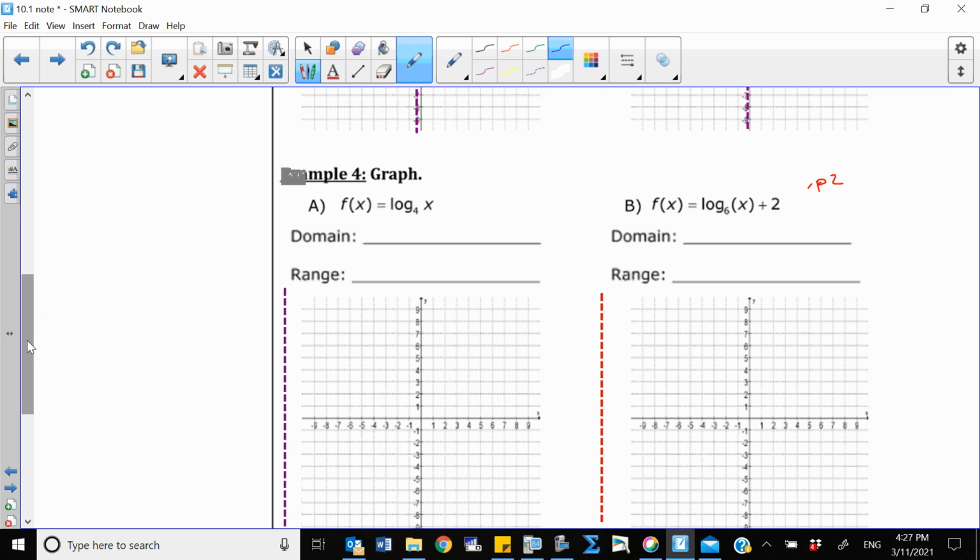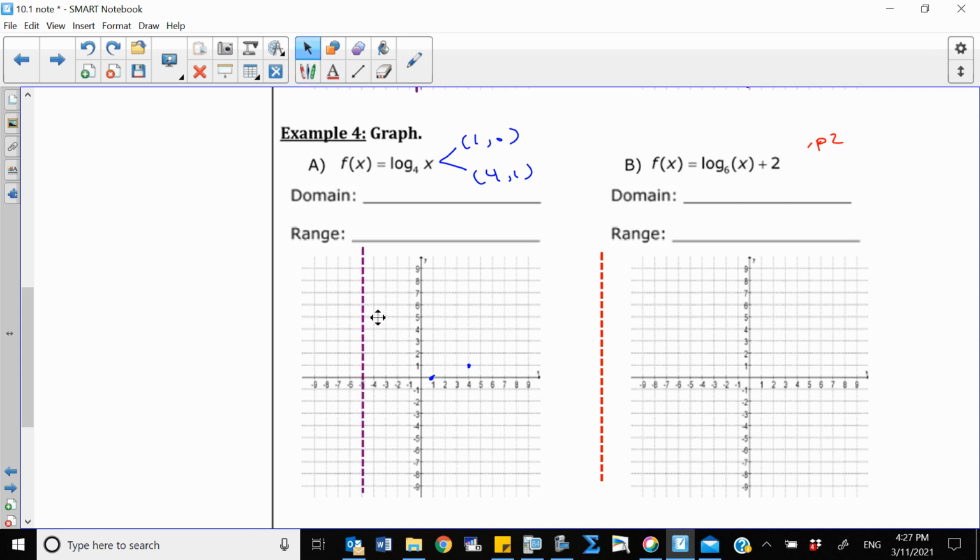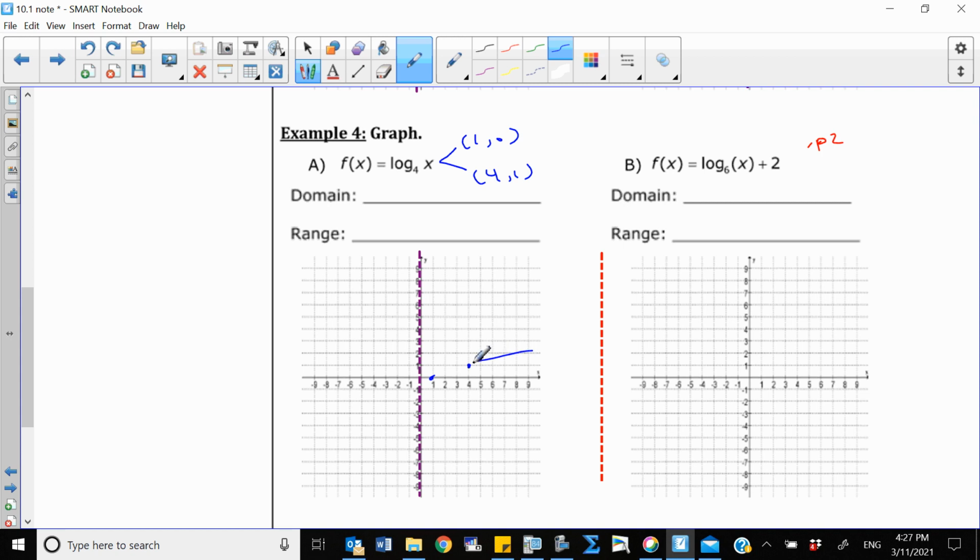Next function, log base 4. Again, the same way, the 2 points: (1, 0), and then we have base and 1. So (1, 0), base, which is 4, and 1. And our asymptote is still at the same place. This is our parent function with base 4. There are no transformations here. So the function is going to look like this.